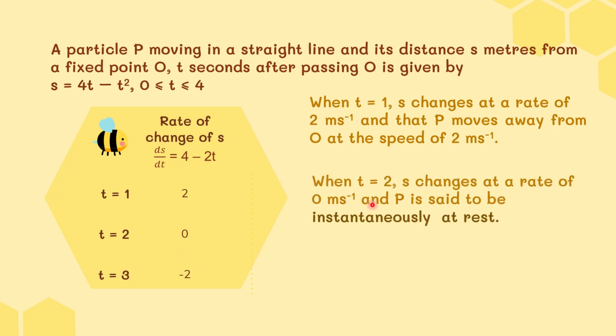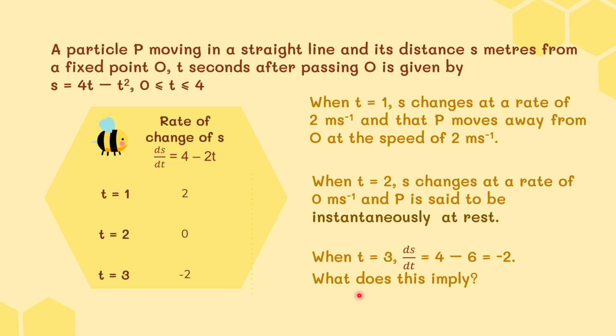When t equals 2, s changes at a rate of 0, and it is instantaneously at rest. When t equals 3, we obtain that ds/dt is negative 2. Can you answer what this implies?